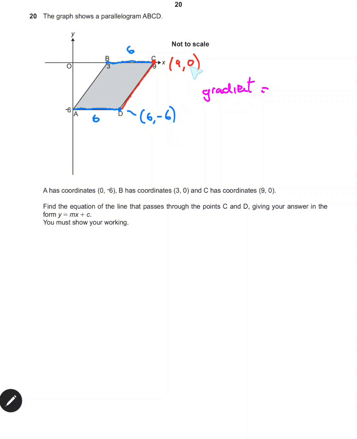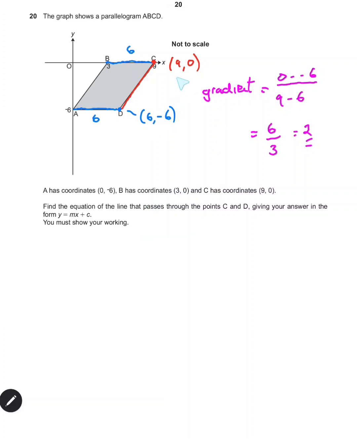So I'm going to do 0 take negative 6, and I need to divide that by these x values subtracted from each other. I'm going to do 9 take 6. 0 take negative 6 is positive 6, and 9 take 6 is 3. And 6 divided by 3 is 2. The gradient of this straight line is 2.